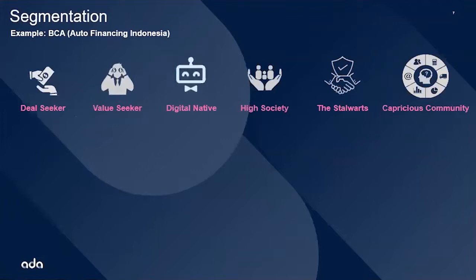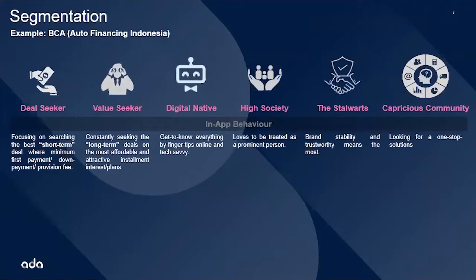So we have seen three segmentations just now: deal seekers, value seekers, and high society people who want quality customer service. Then we have digital native, stalwarts, and capricious community. How we define these segments is based on the in-app behavior. So we can look at what they do, what they are actually interested in, what they browse, and so on in the apps itself.